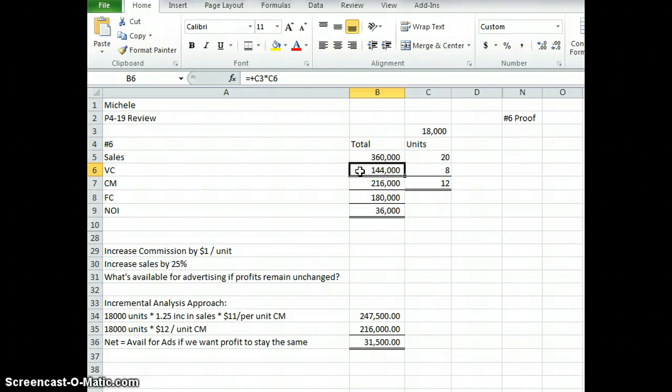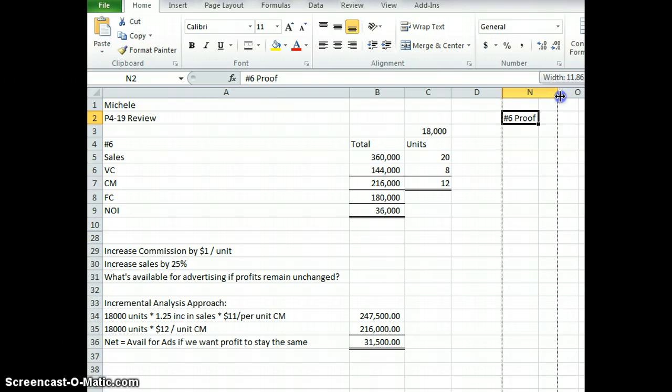Our variable costs are 18,000 units times $8 per unit, and our fixed cost was given. Contribution margin is sales minus variable. Our net operating income is contribution margin minus fixed. So let's go ahead and prove where our changes would take us overall.